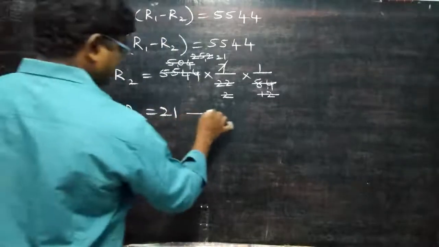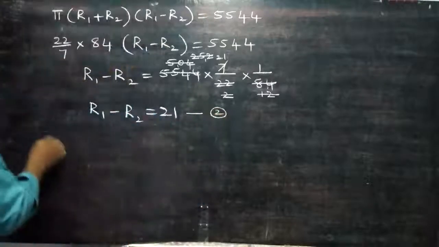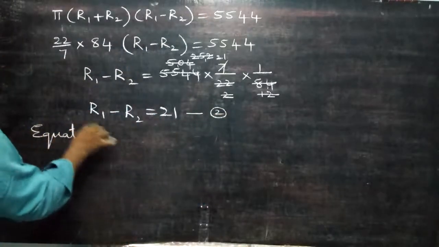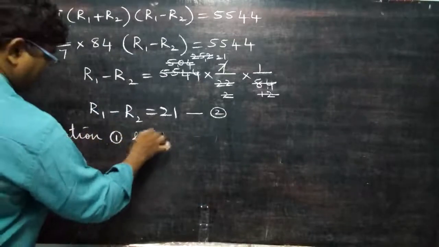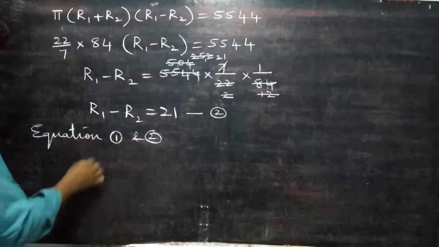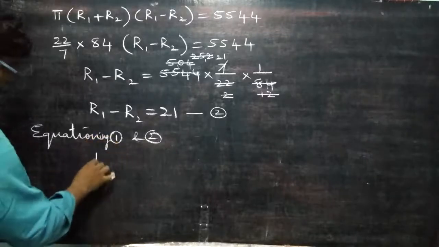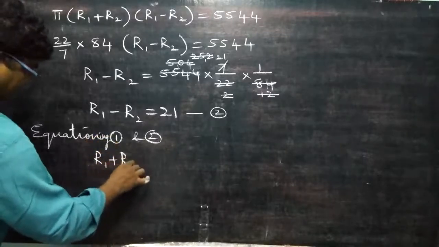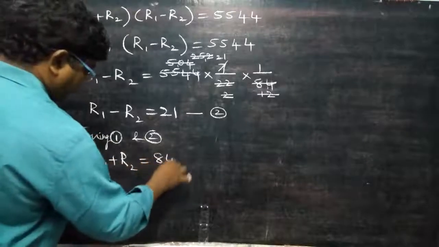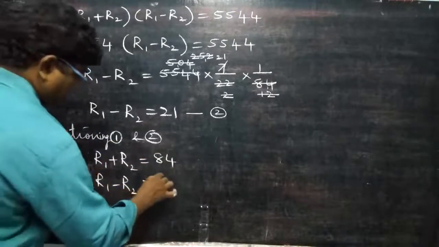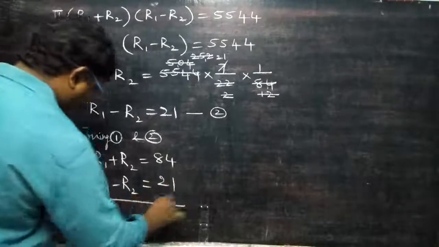This is second equation. Now equating 1 and 2. What is equation 1? Equating 1 and 2. R1 plus R2, they gave us 84, and R1 minus R2 is equal to 21. Now add.